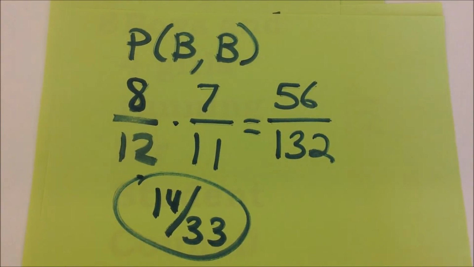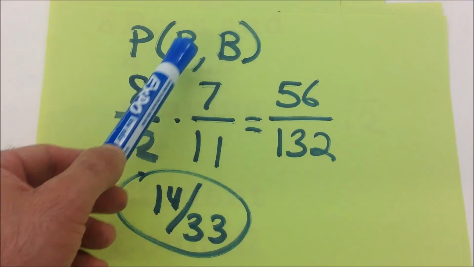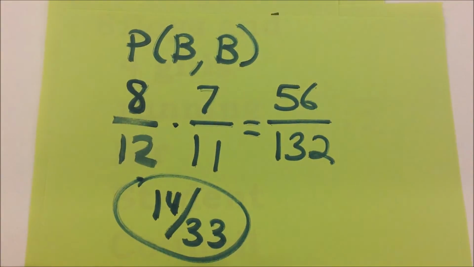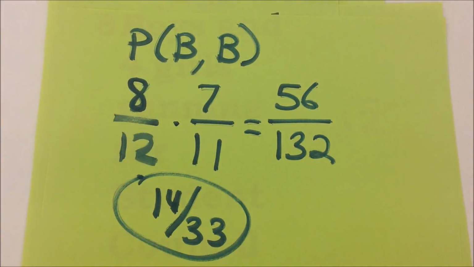So remember, in dependent events, you don't replace. You don't put back. The odds change. And conditional events are dependent events, and they're conditional when you see 2 or more of the same item, like boys and boys in this case. Or when we did the marbles, red and red. So that's conditional probability. Great job.